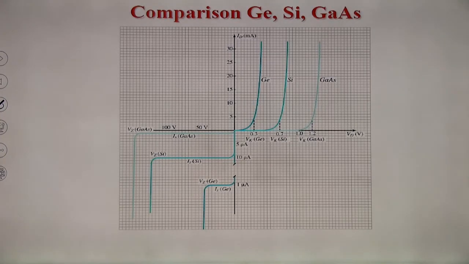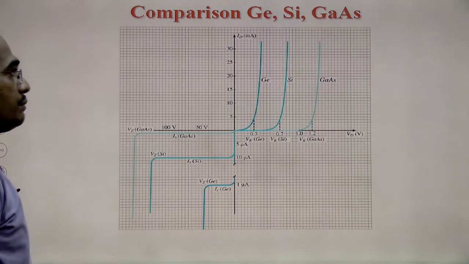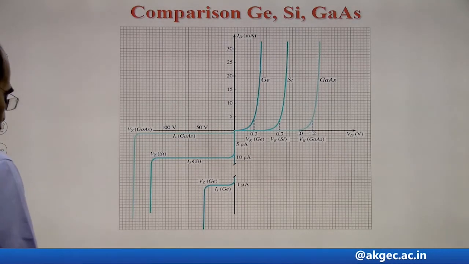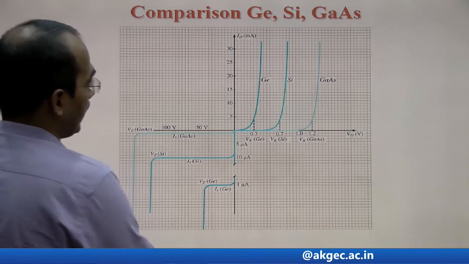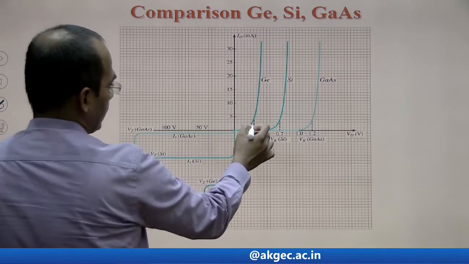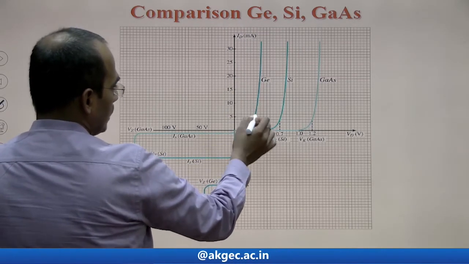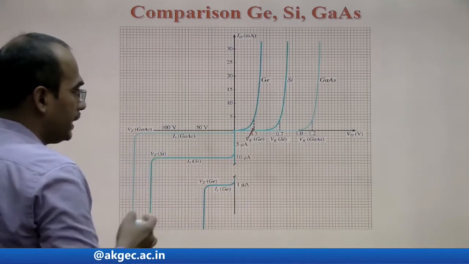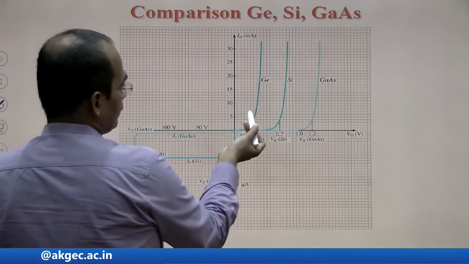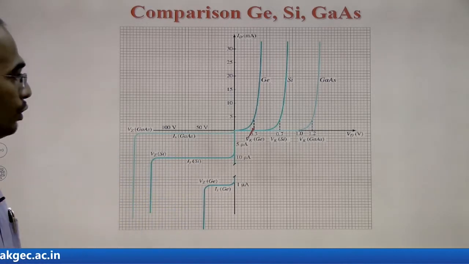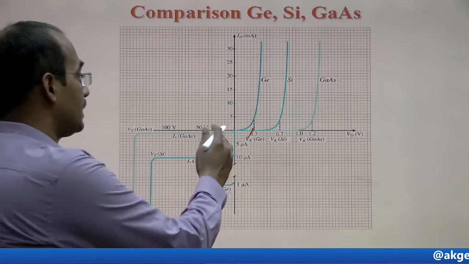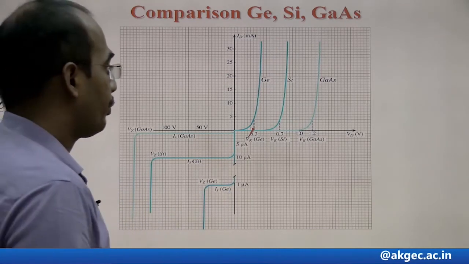This is the comparison graph for the VI characteristic of germanium, silicon and gallium arsenide. It is clearly shown in this figure that the current increases slowly before the cut-in voltage, but after crossing the cut-in voltage, it increases exponentially. In germanium, the cut-in voltage is 0.3 volt, in silicon it is 0.7 volt, and in gallium arsenide it is 1.2 volt.